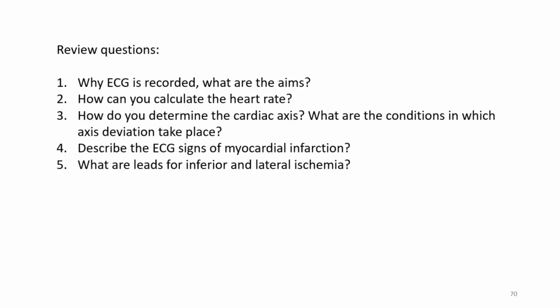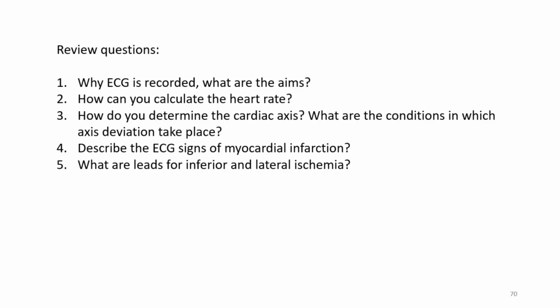How is the heart rate calculated? If you use large squares, you count large squares between R waves, and then 300 divided by the large squares gives you the heart rate. Or if you count small squares, 1500 divided by small squares will give you the heart rate.